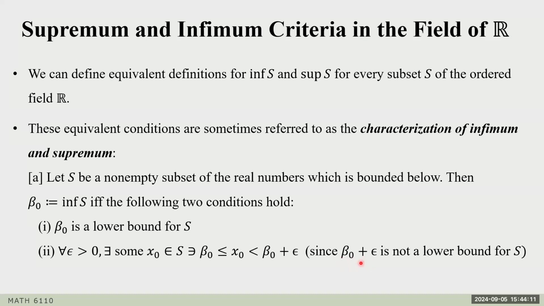So if beta 0 plus epsilon is not a lower bound for S, then that means that there's some number from your set S that is less than it. Because if it's not a lower bound, then there must be an element of your set less than it. So that's what this characterization is saying for infimum.